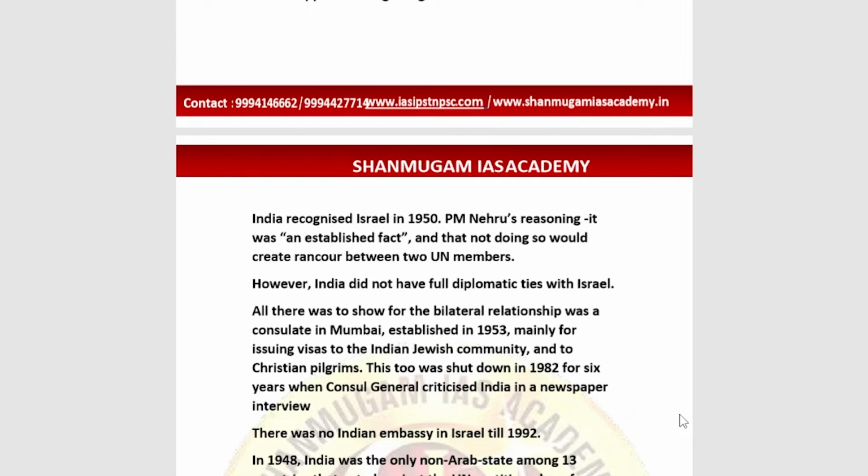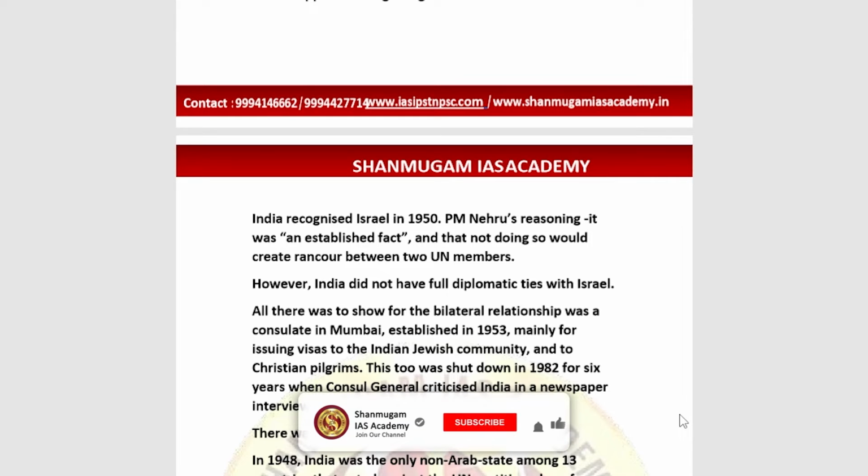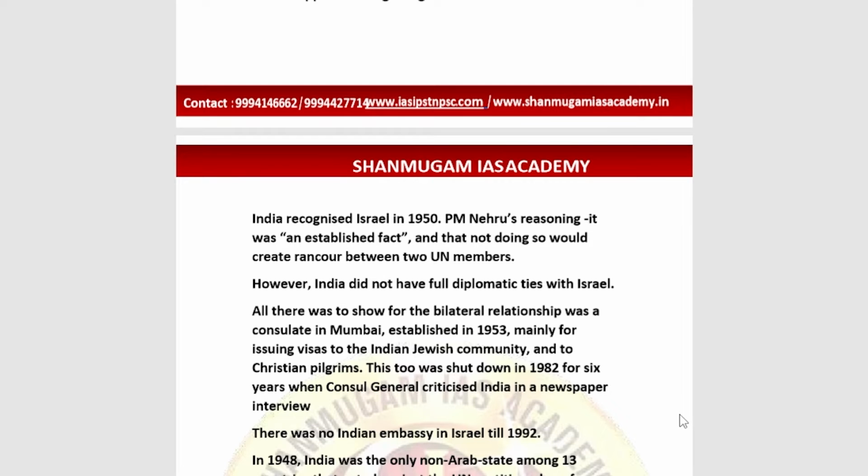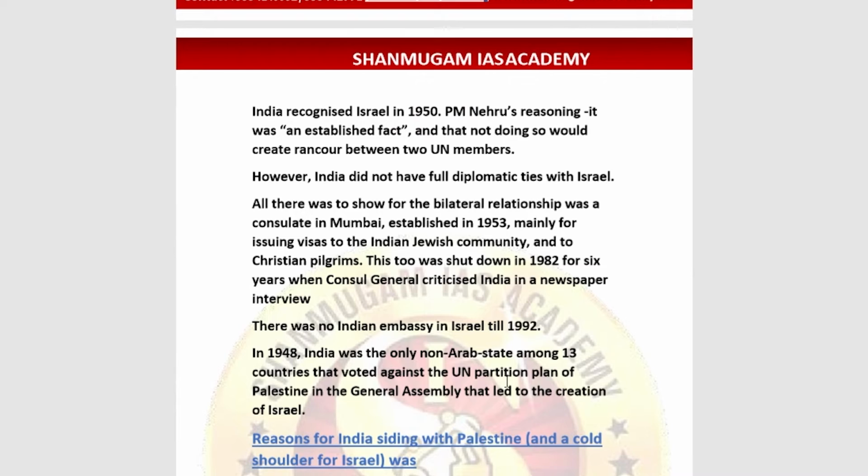This too was shut down in 1982 for 6 years, when the Consul General criticized India in a newspaper interview. So there was no Indian embassy in Israel till 1992. Till 1992, this is important, there was no Indian embassy in Israel.